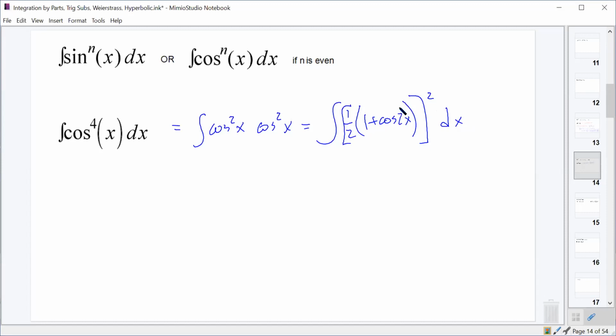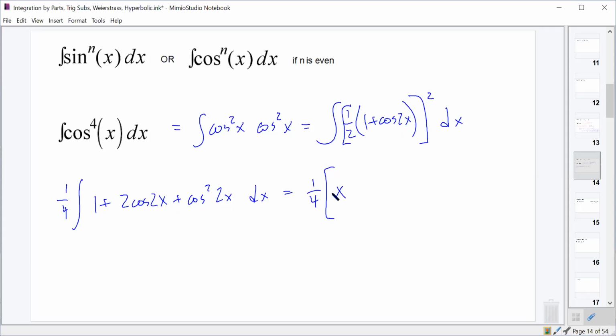The 1/2 squared is a 1/4, which can be pulled outside the integral. So we have 1/4 the integral of 1 plus cosine 2x squared, or 1 plus 2 cosine 2x plus cosine squared 2x. And 2 of the 3 pieces of that are really easy to deal with, right? So the 1 just becomes x, right?